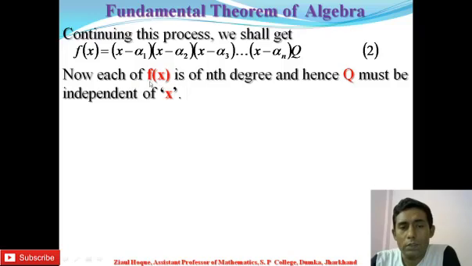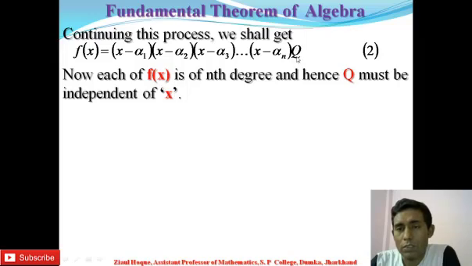Now, f(x) is of nth degree and hence q must be independent of x, because f(x) is of nth degree and x minus alpha 1 up to x minus alpha n is also of nth degree.